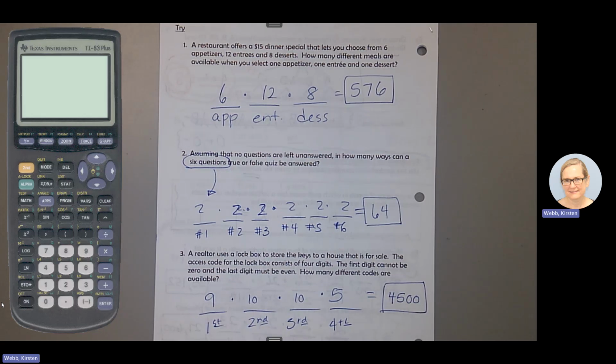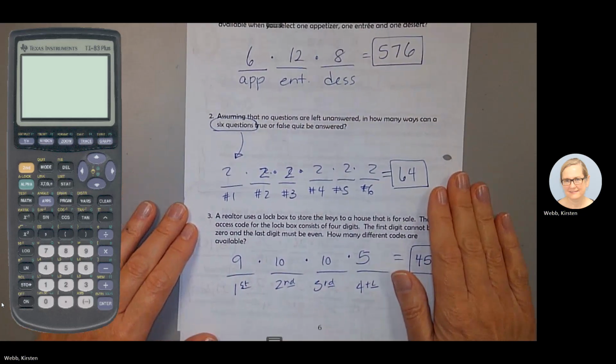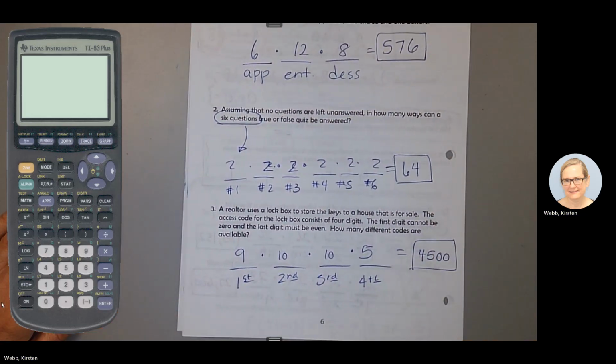So we're gonna multiply 6 2s together, and 64 looks great. So we wanna break the big picture down into parts, like the 6 questions. Think about the number of options for each part. And it looks like a winner. Anything we can help out with on number 2?